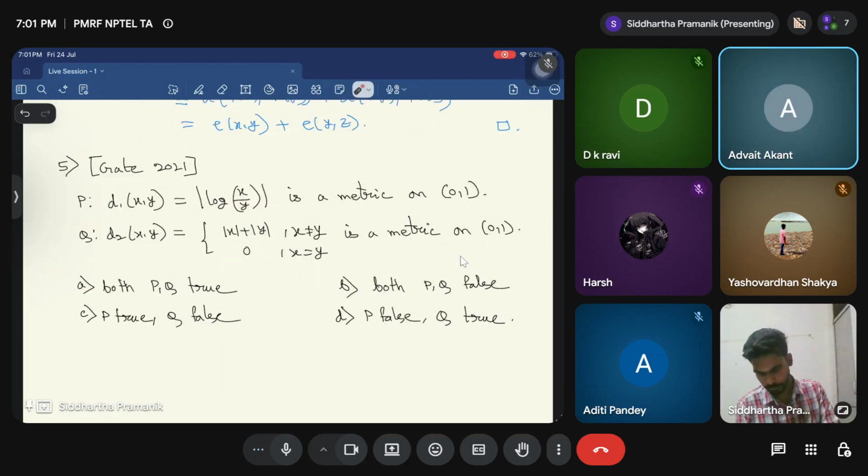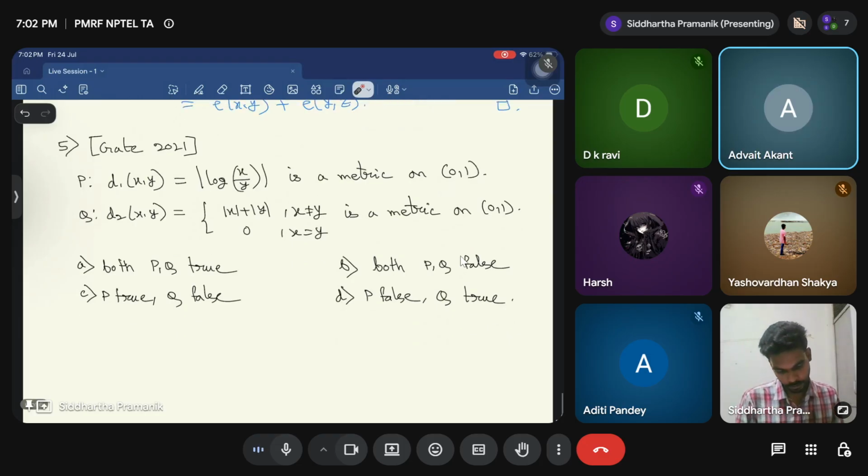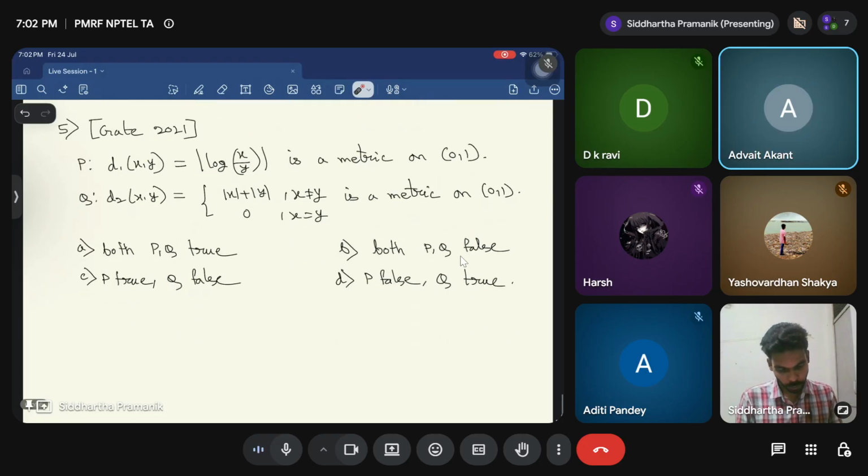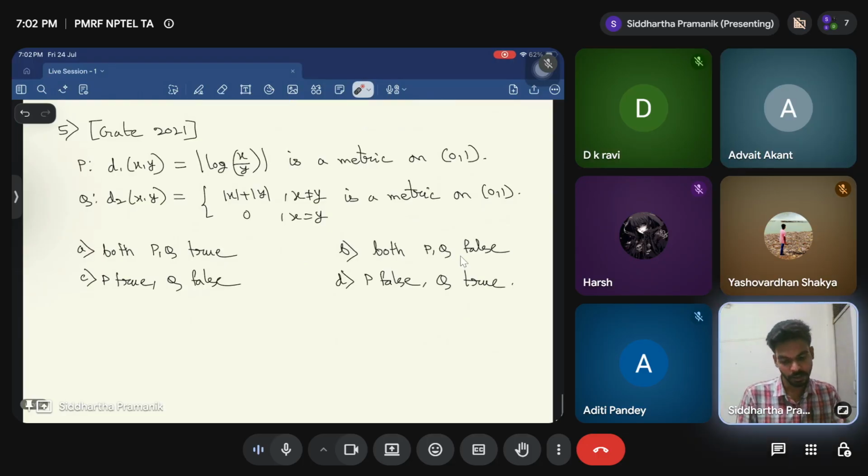And if the absolute value of log x over y is 0, then log x over y is 0, which implies that x over y is 1, which implies that x equals y. And the triangle inequality holds because log x over y equals log x minus log y. Yeah, you are right. So it will be a metric, and the symmetry will follow because we are taking the modulus.